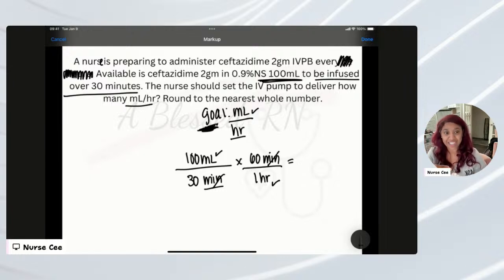Because you can't give anything that's whole in the IV, because it'll clot and you'll kill your patient and then you go to jail. So we're not going to go to jail. So therefore, we don't need this. It is fluff. That's why I said volume over time.